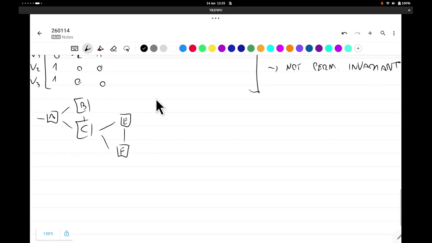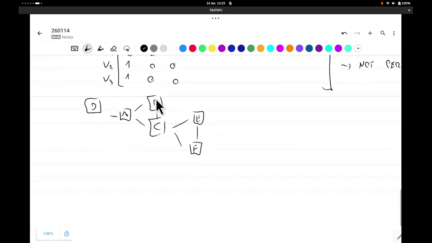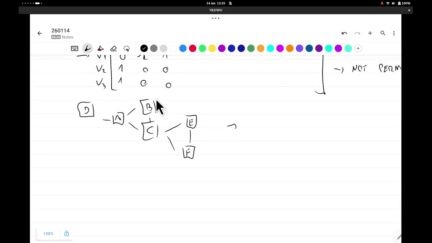The point is that I want to make an embedding, say, for the node A. I expect that this embedding depends on the node itself and its neighbors, so B, C, and D.